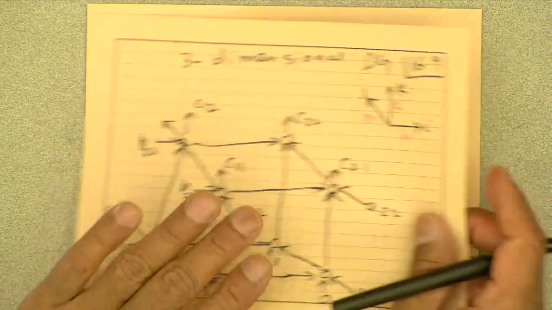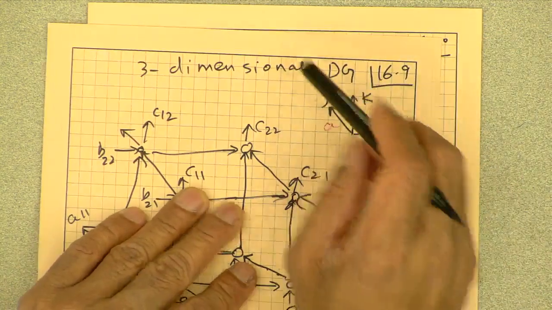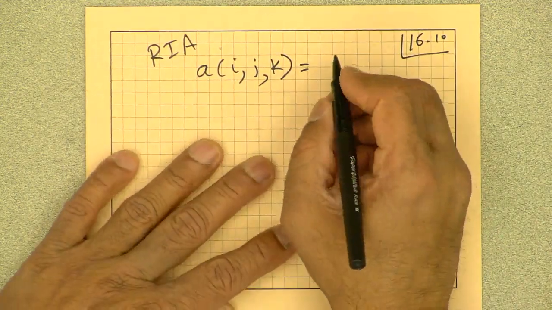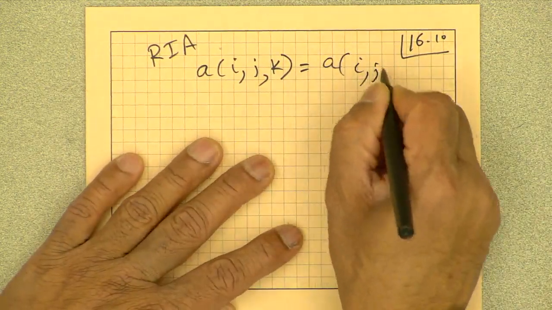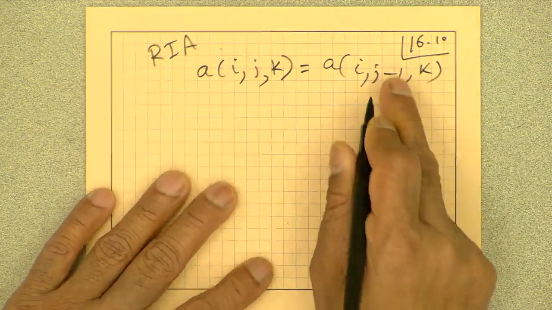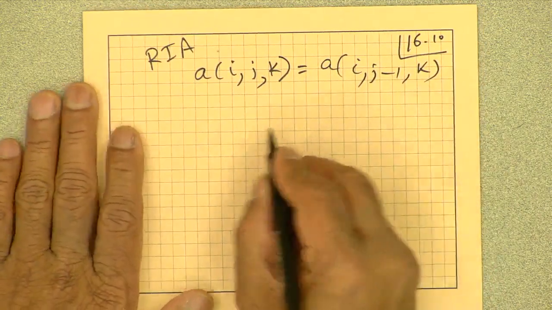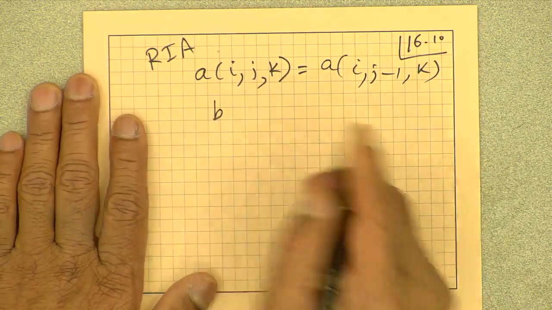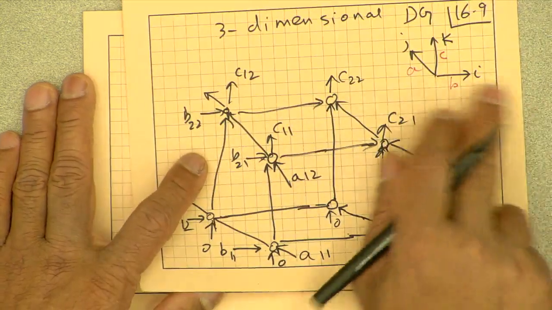So as I explained, A is moving in j axis. So this is going to be Aij minus 1k. So j minus 1 goes to j. B is moving in I direction.